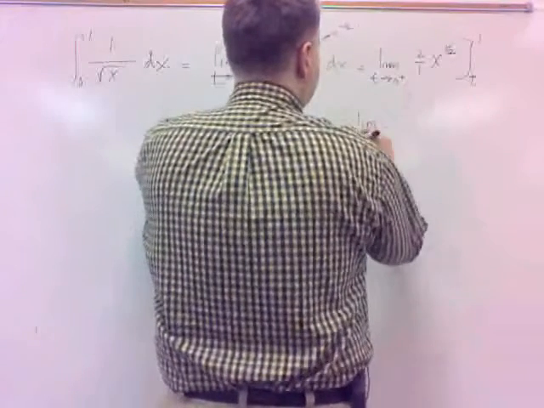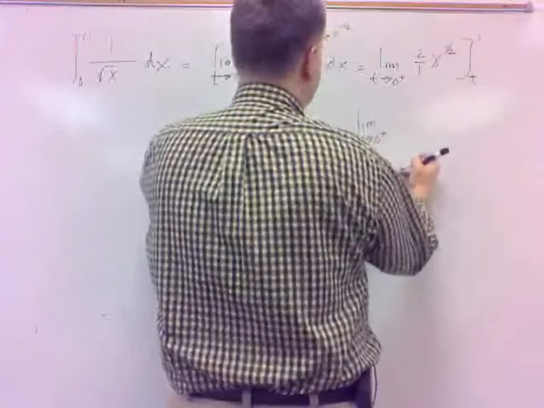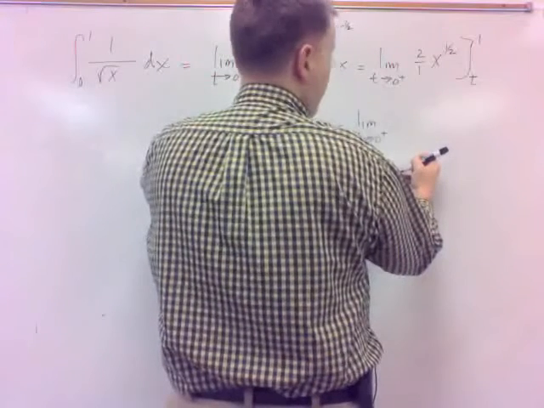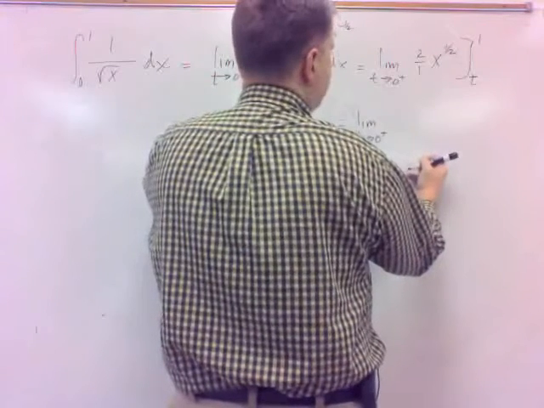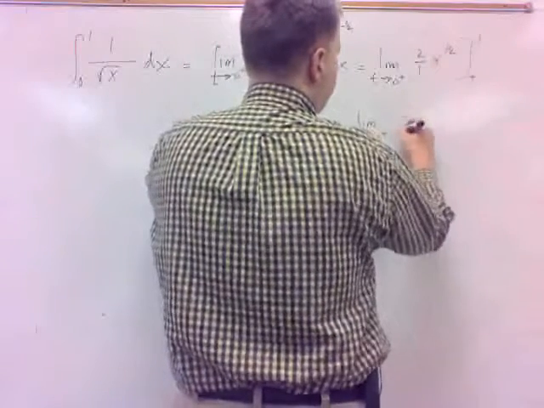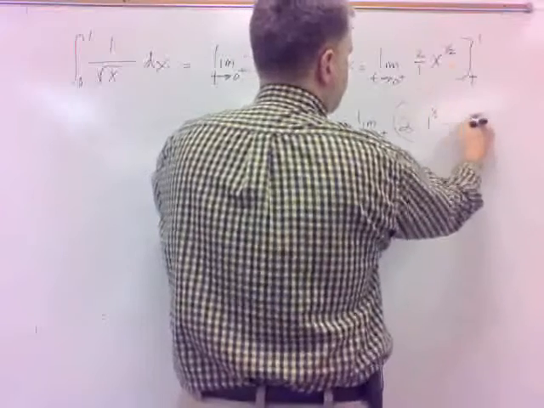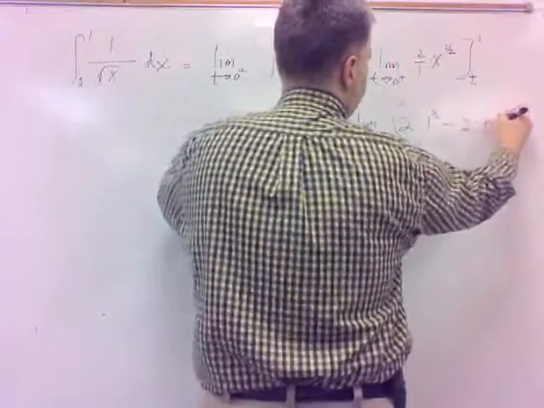So we got the limit as t goes to 0. Is that right? 2x to the half. Does that sound right? That's what I got on my paper too. So seems right. Okay, so with x as 1, it'll be 2 times 1 to the 1/2 minus 2 times t to the 1/2.